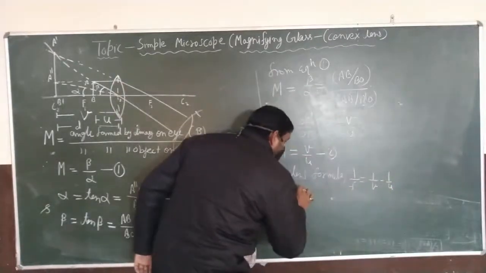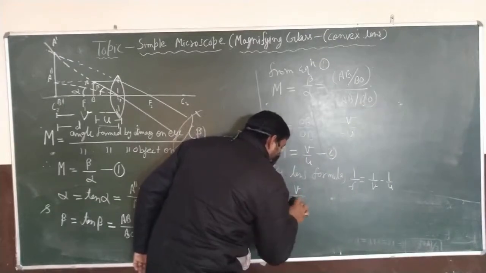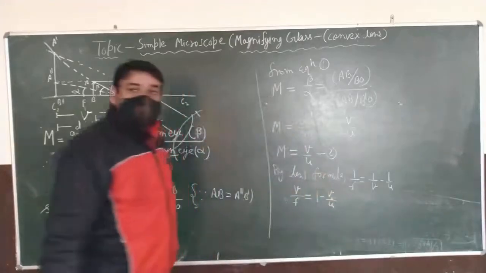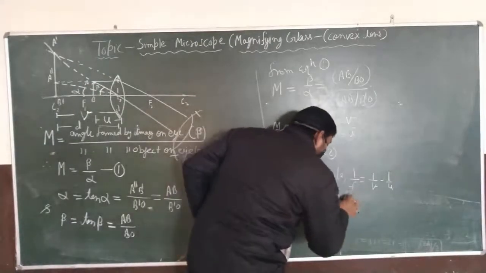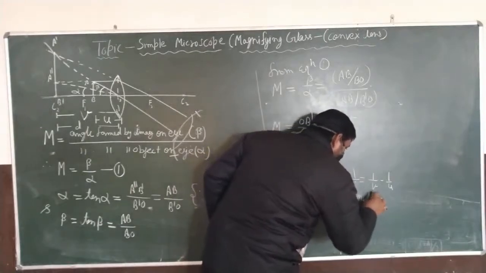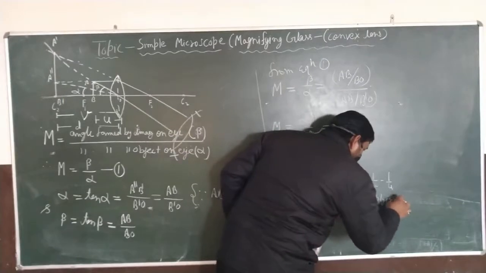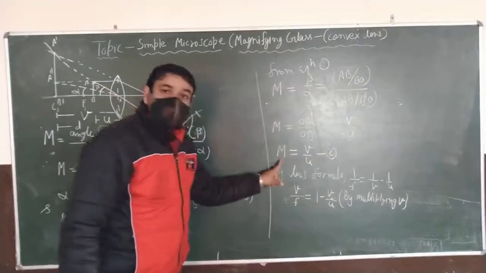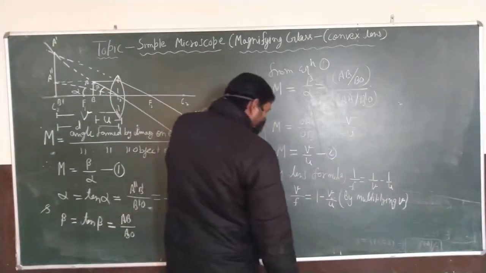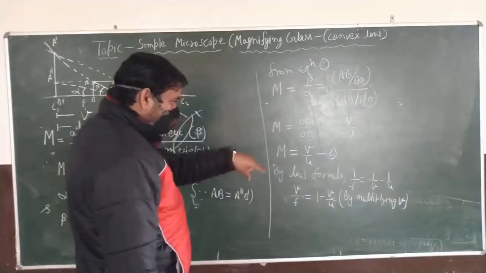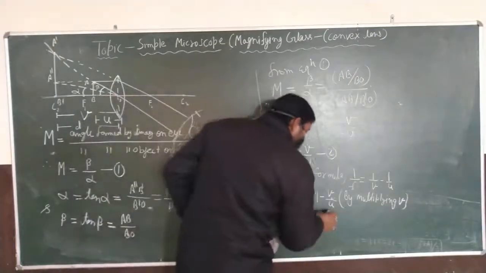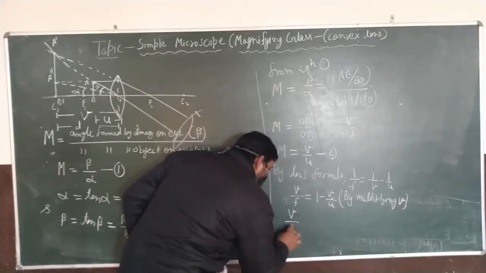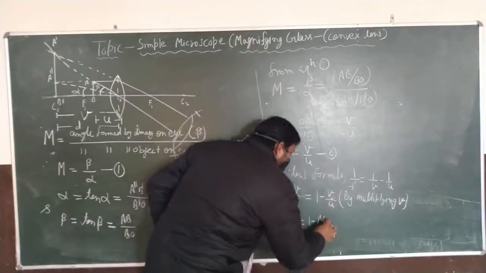By multiplying by V, we get V upon F equal to 1 minus V upon U. Clear? Here we are using multiplying by V. Okay. Now this value is equal to M. So V upon F is equal to 1 minus M. Calculate from here M.